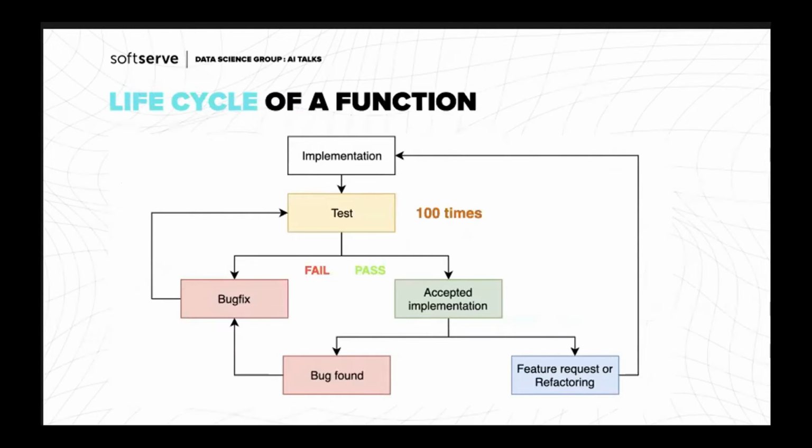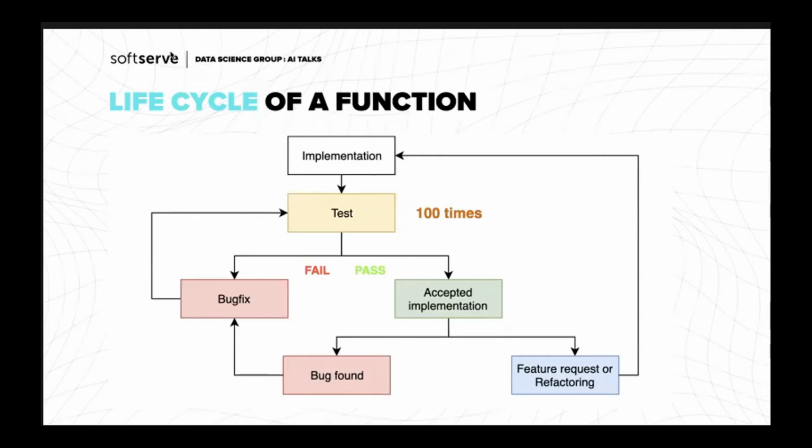This is a life cycle of functions. Usually it contains implementation and test steps, and after the test is passed, we accept the implementation, and in this case, the feature request is ready, and we are able to refactor. After refactoring, we go to the first step, implementation, and then test again.